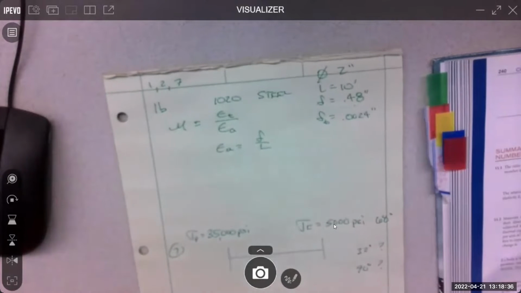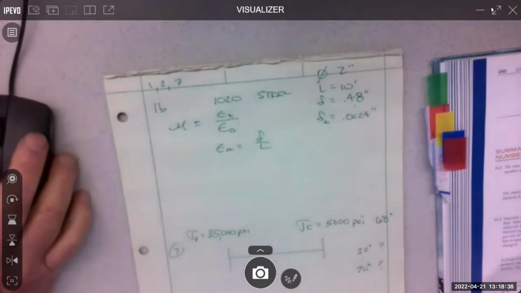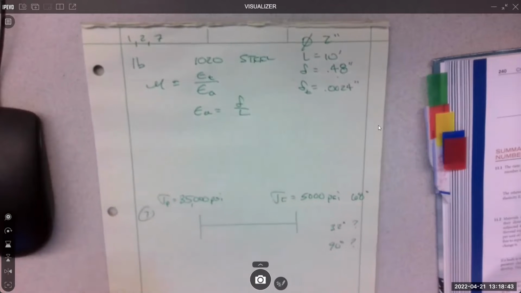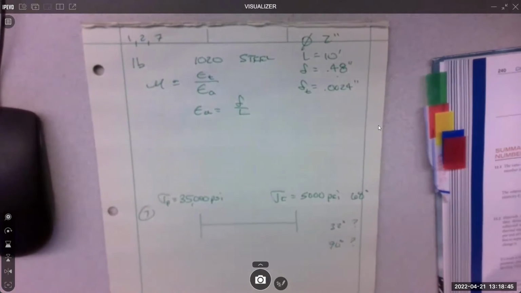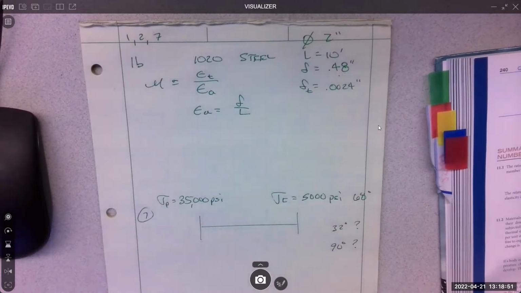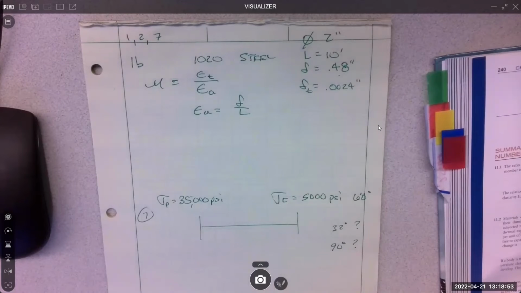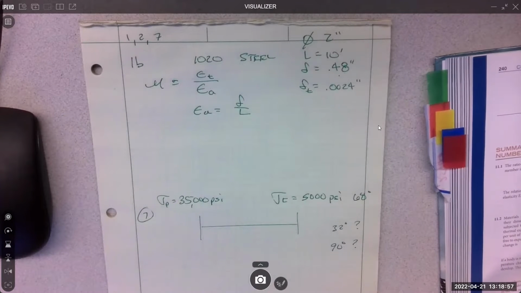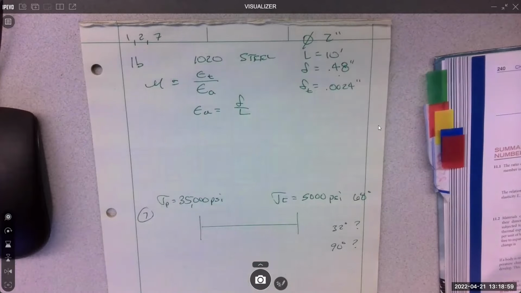All right, so it does help to just write it all down. What they want to know in part B is, the transverse deformation of the rod is 0.0024, compute Poisson's ratio for the material.